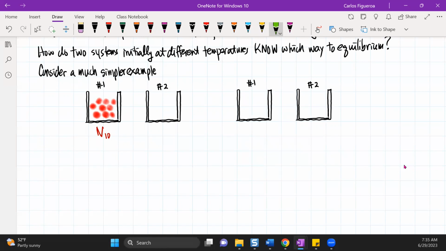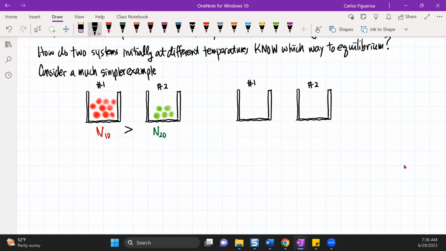Now I'm going to have a green container of marbles that looks something like that, and this is the initial number of the green. And clearly, this guy is larger.